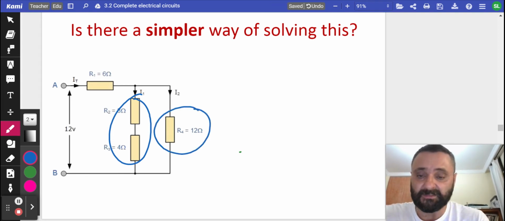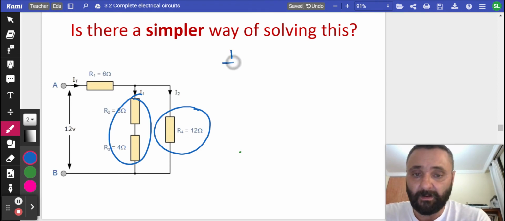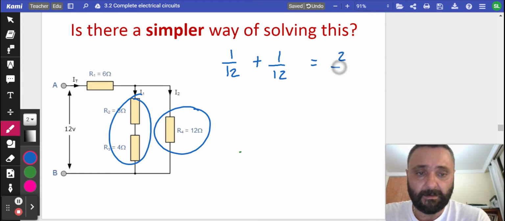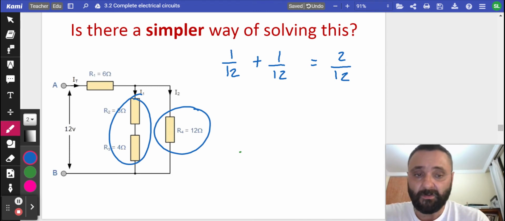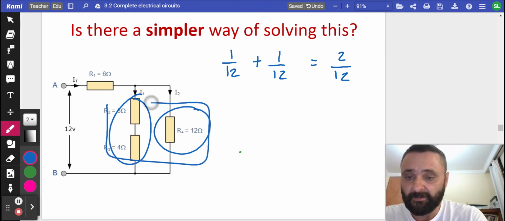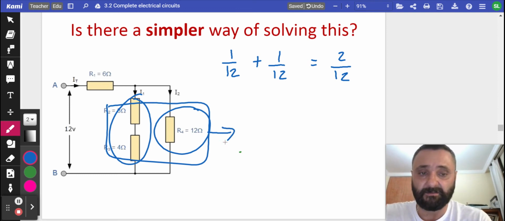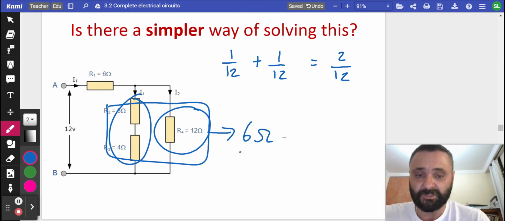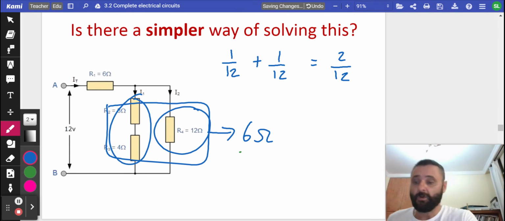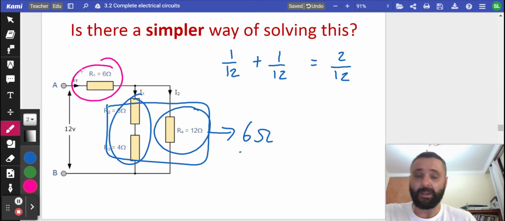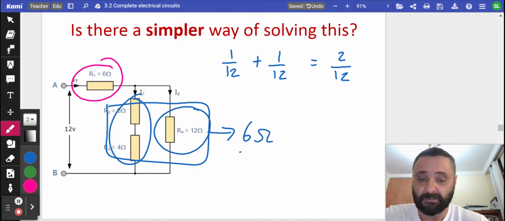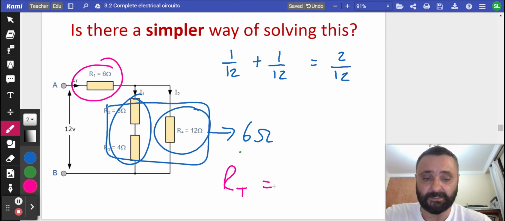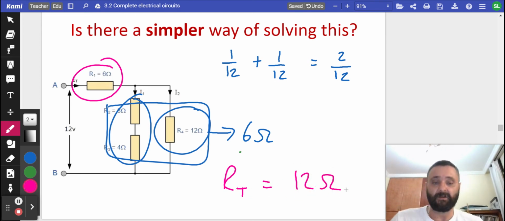Those two in parallel give 2 over 12, obviously we need to flip it, so these three have a resistance of 12 over 2, which is 6 ohms. We also have a 6 ohm in series with this 6 ohm, so the total effective resistance is 6 and 6, 12 ohms.